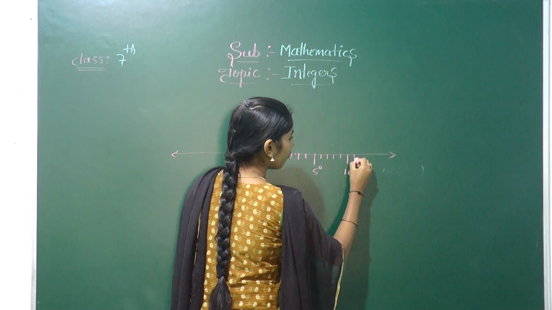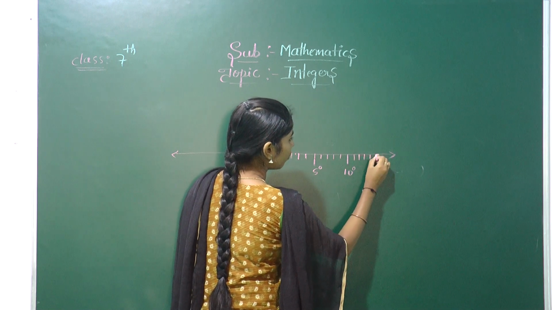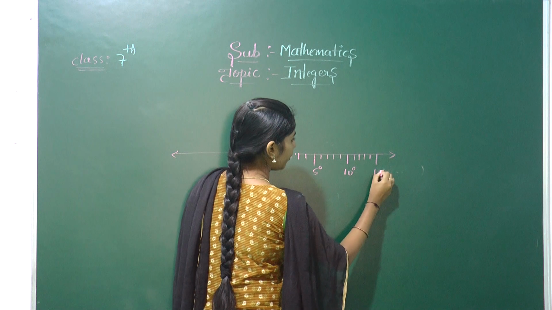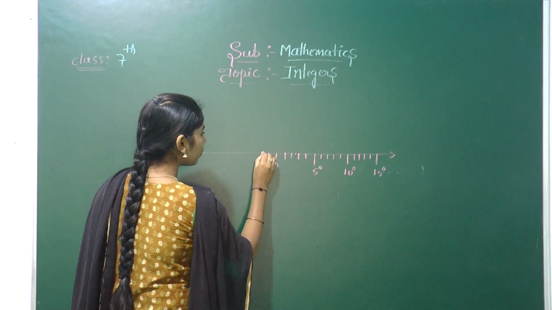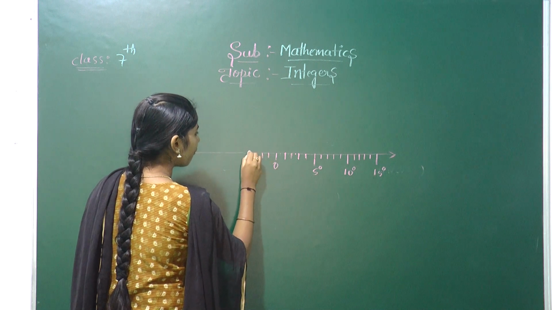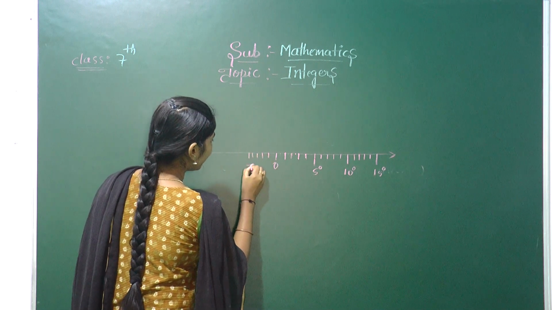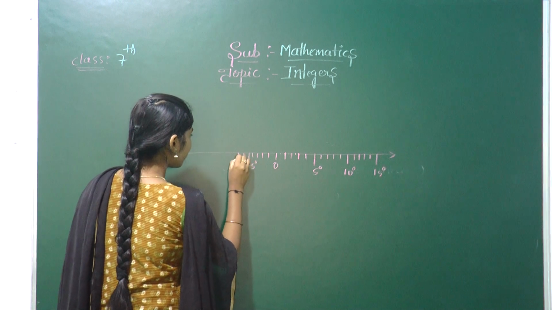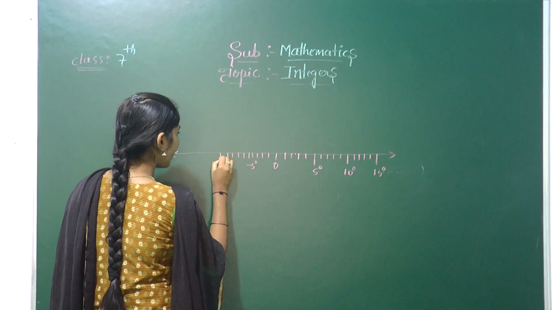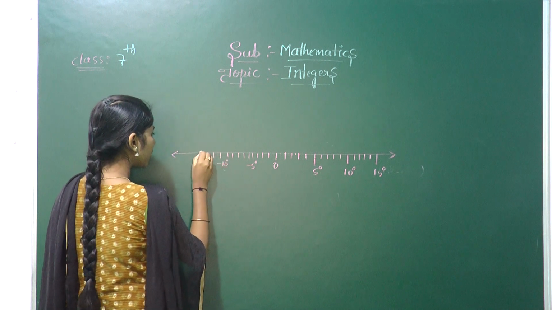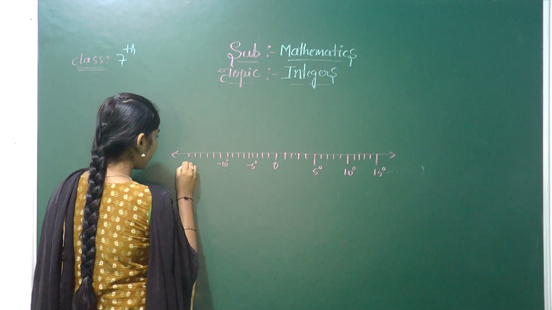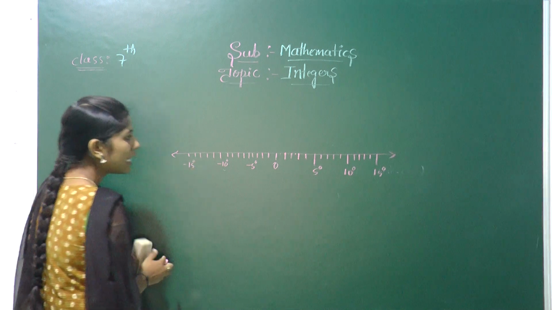Then 11, 12, 13, 14, 15, 15 degree Celsius. Below 0, 1, 2, 3, 4, 5, minus 5 degree Celsius, 6, 7, 8, 9, 10, minus 10 degree Celsius, and 11, 12, 13, 14, 15. So this is minus 15 degree Celsius.